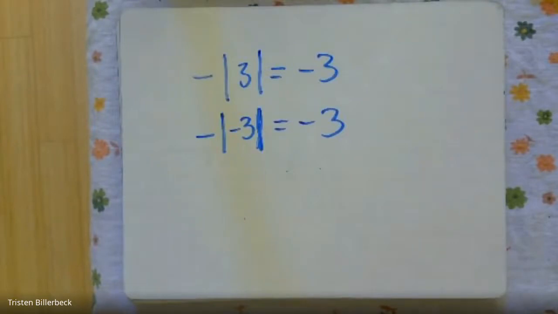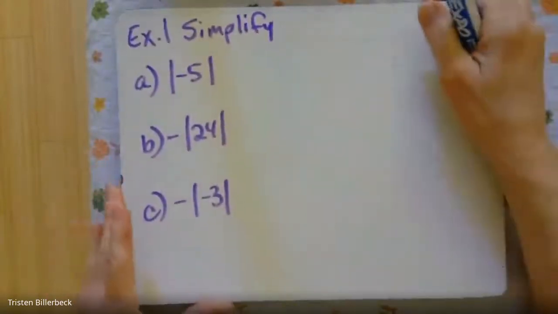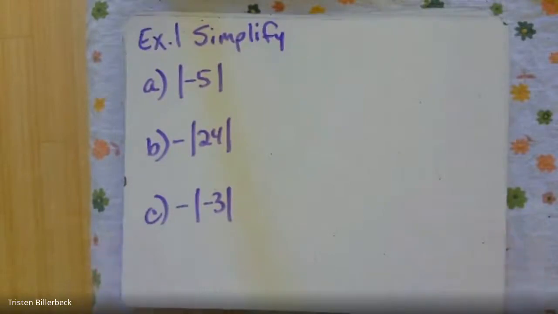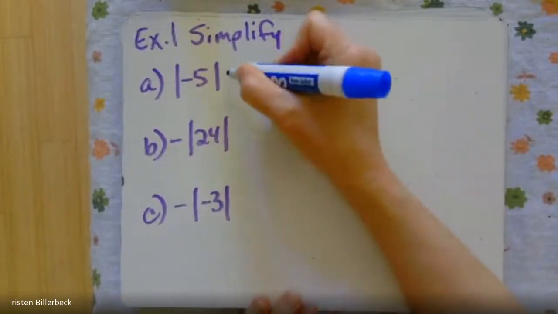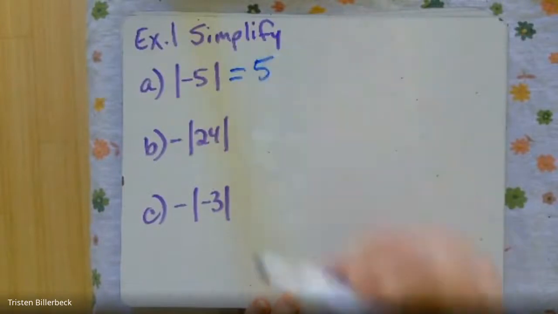All right, so let's look at another example. We're going to simplify. The absolute value of -5 only gets rid of the negative because it's the distance from 0. So that's 5.